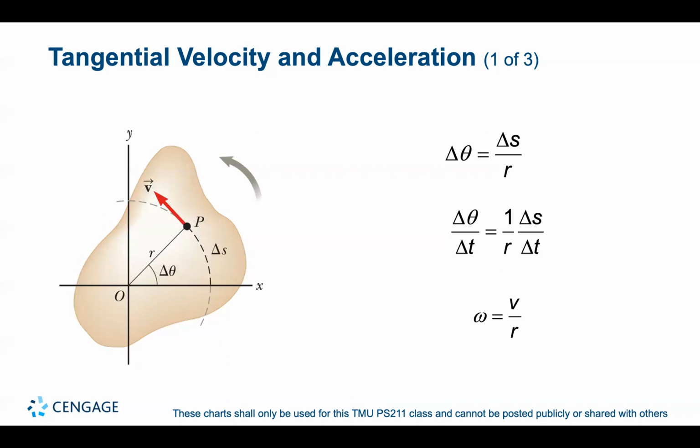So let's divide both sides of the equation by delta t, the time interval during which the rotation occurs. When delta t is very small, the angle delta theta is also small, and the ratio delta theta over delta t is close to the instantaneous angular velocity omega. On the other side of the equation, the ratio delta s over delta t approaches the instantaneous linear speed v for small values of delta t.